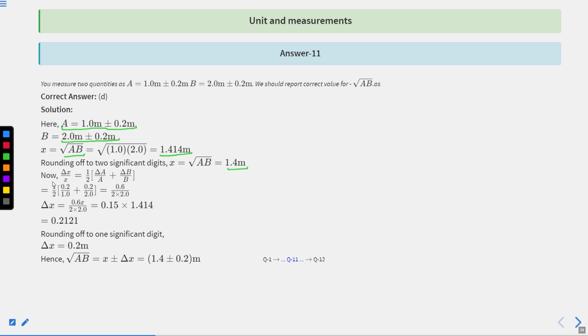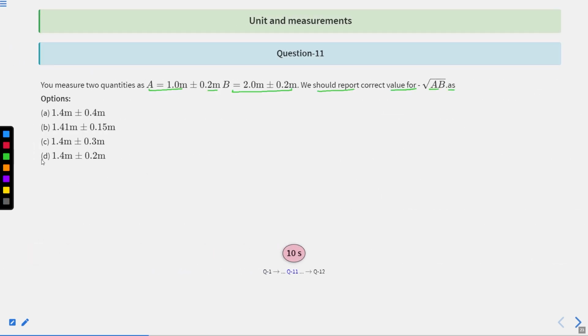Now, delta x by x equal to 1 by 2 of delta A by A plus delta B by B. After putting the values in this, delta x is 0.2121, and hence the finalized answer for under root AB is this. Correct answer is D. Clear?